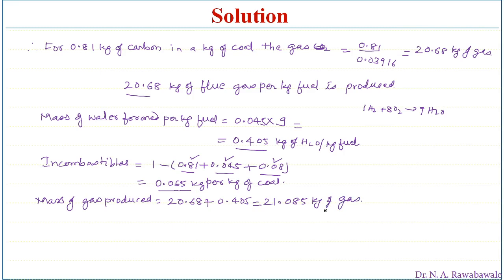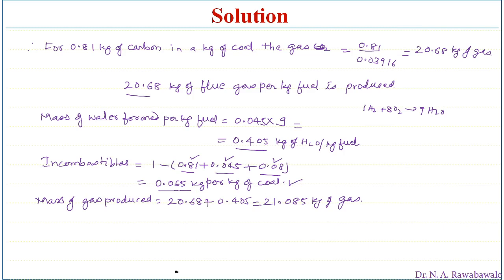This gas is produced by combustion of 1 kg of fuel, but this 1 kg of fuel is not completely burned. 0.065 kg is unburned fuel, which is incombustible.